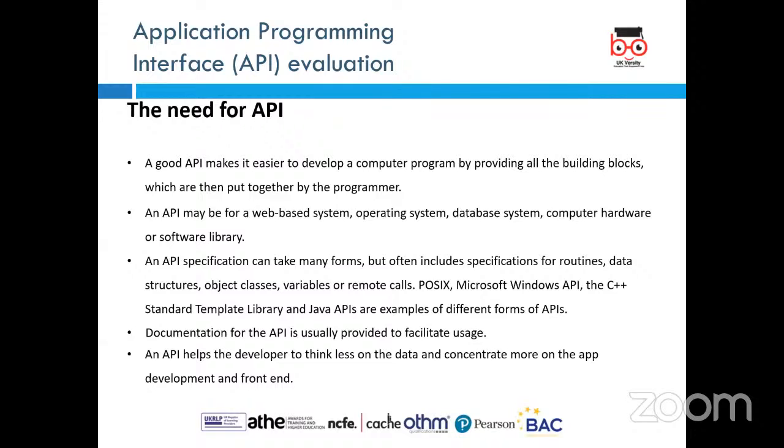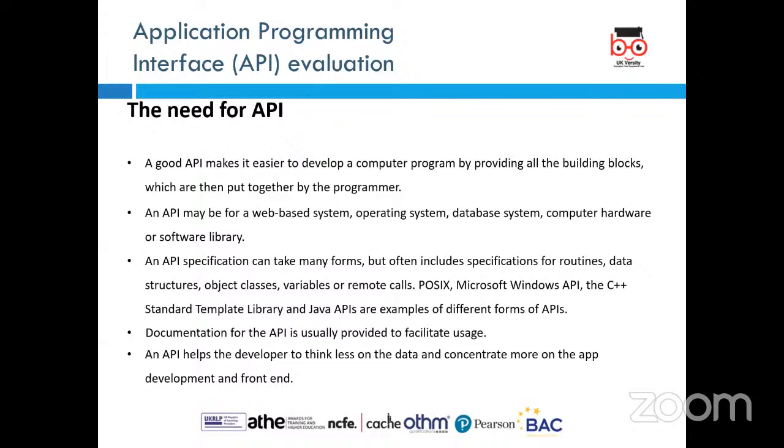For example, maybe we just need to retrieve some data or we just need to update. For example, we have a college student management system. We just need to update some student information or, for example, delete or retrieve. That's where our API comes into place and starts working.